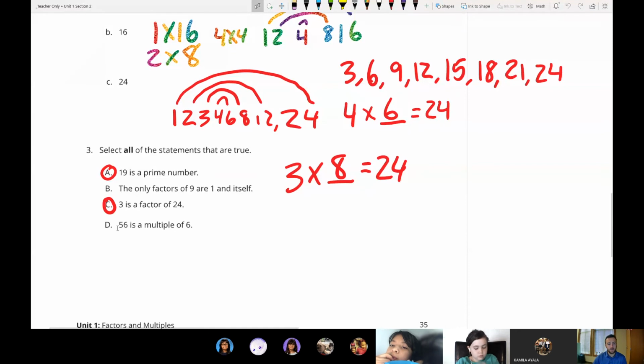Nice job, Camila. Now, what about D? 56 is a multiple of 6. How could we test this to see if 56 is a multiple of 6?